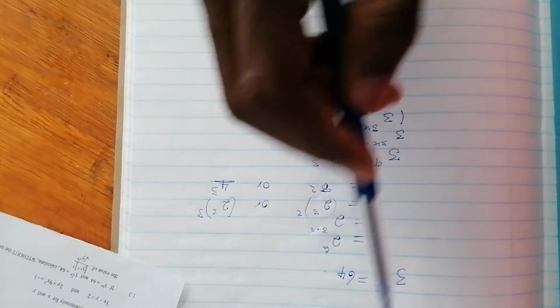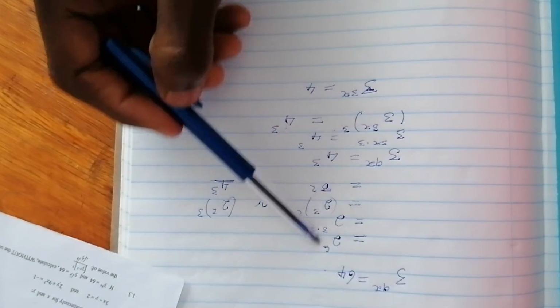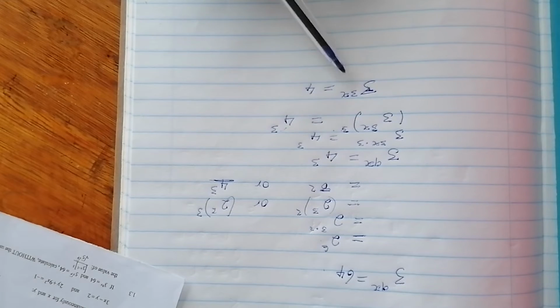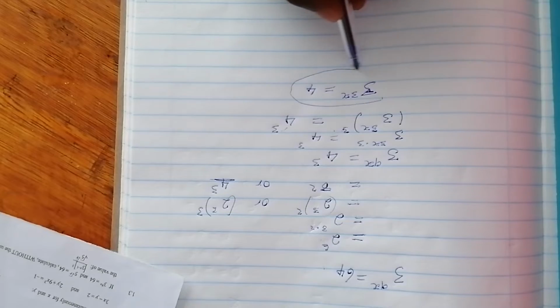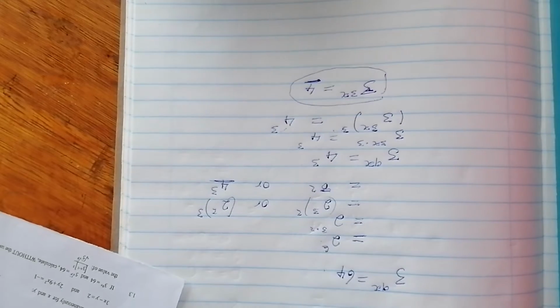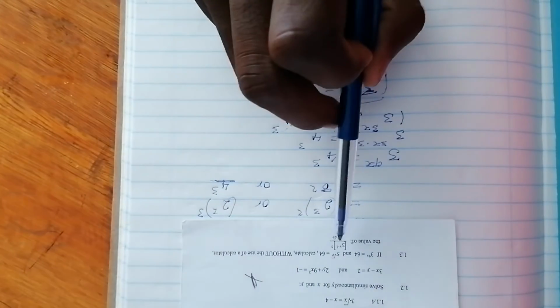So I simplified further until I find 3 to the power 3x equals 4, right?